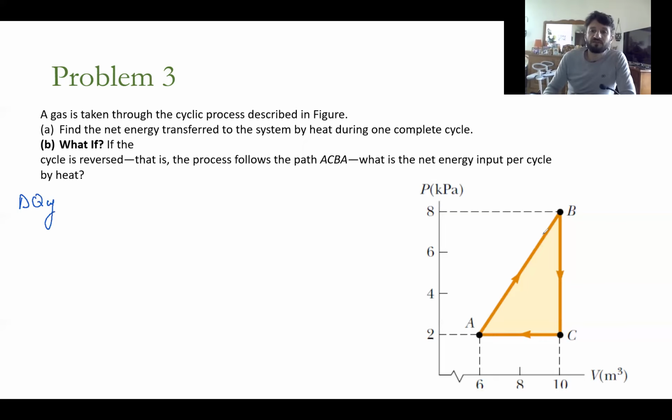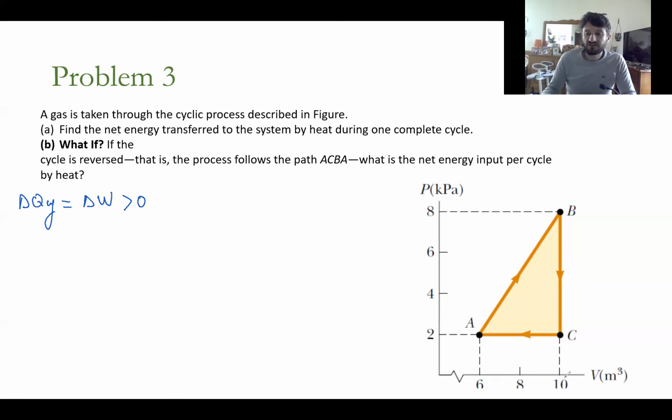As we have a clockwise cycle, delta Q must be positive, which is equal to d omega. Here I have nothing to calculate; I don't have a numerical value.